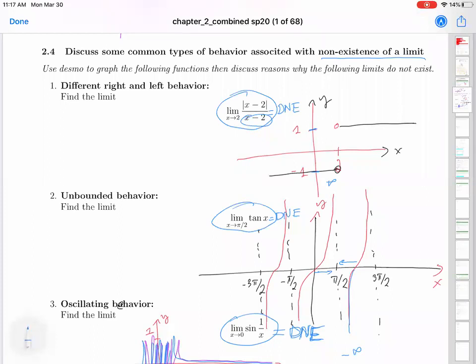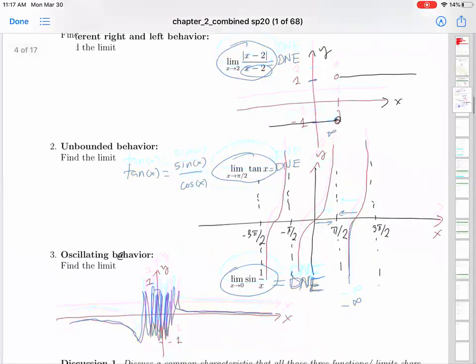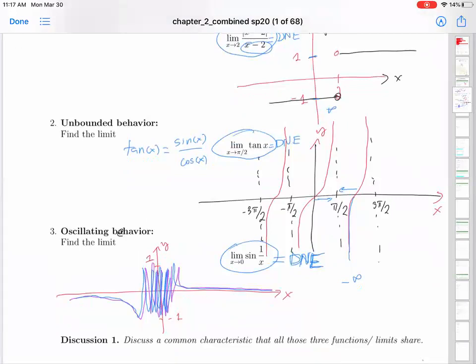So tangent of x equals what? Sine of x over cosine of x. Okay. 2 is a point where the function is undefined. Pi over 2 is a point where cosine equals 0. And then when x equals 0, the function is undefined.